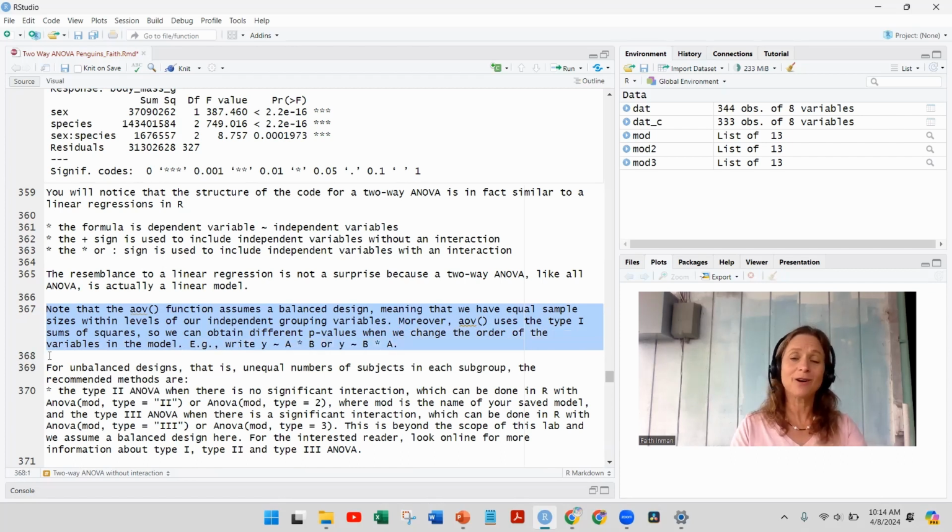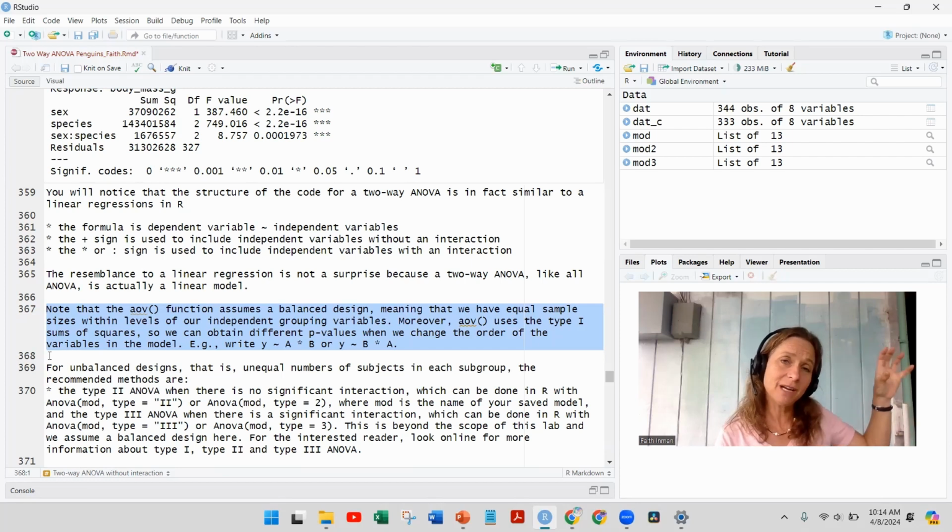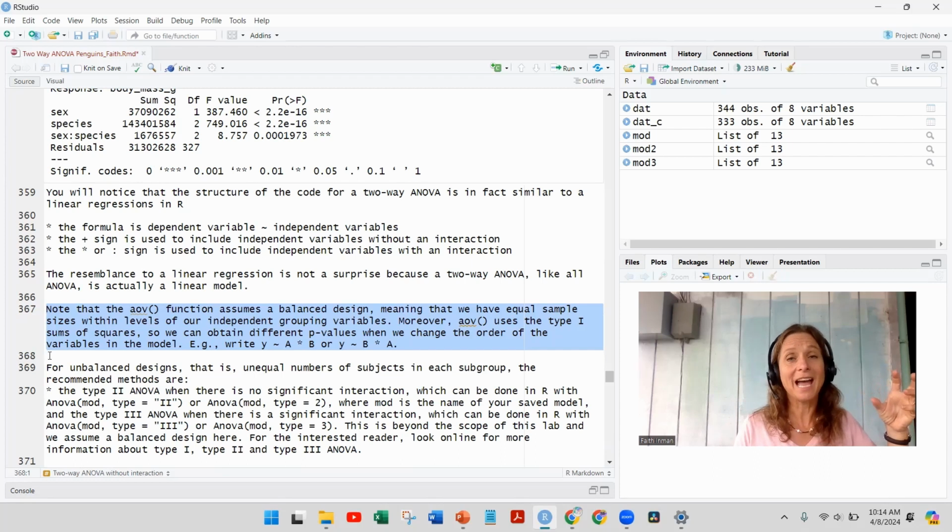So the order in which you enter the variables in the model matters with this analysis, because the analysis first takes into account the first variable you put into the model, and then takes into account the second variable you put into the model. So if you had made it species and then sex, it might make species look more important than sex. And sometimes it can change the significance of the model.